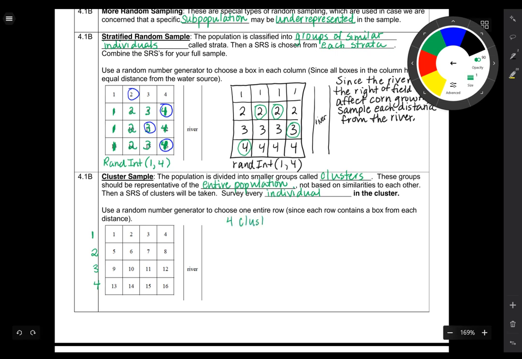I have 4 clusters, so I'm going to do rand int, but you're only going to do it one time because you're going to get either cluster 1, 2, 3, or 4. And I ended up with cluster 4. So I would get all of these, right? And that is a cluster sample.